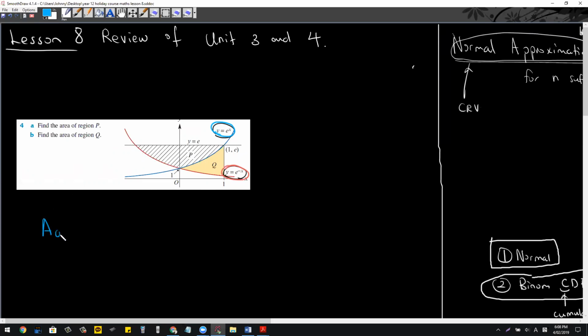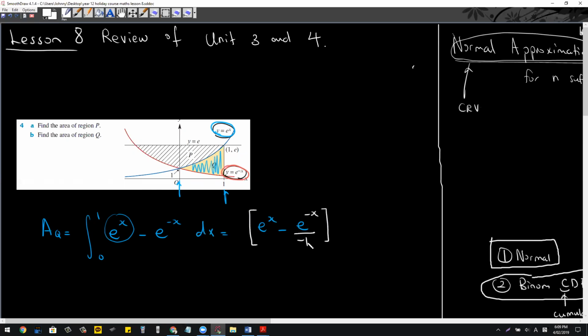So the area of Q is sandwiched between this function and this function, right? So that's the integral from 0, from right here, to right here, so 0 to 1, of e to the x minus e to the negative x dx. That's pretty simple, right? That's equal to e to the x minus... if we integrate e to the negative x, it's e to the negative x over negative 1 because of the anti-chain rule.